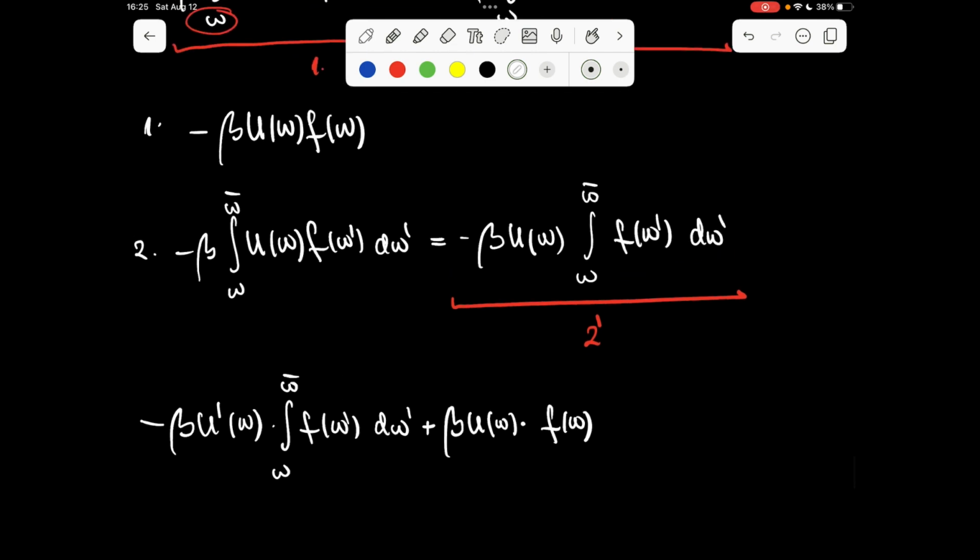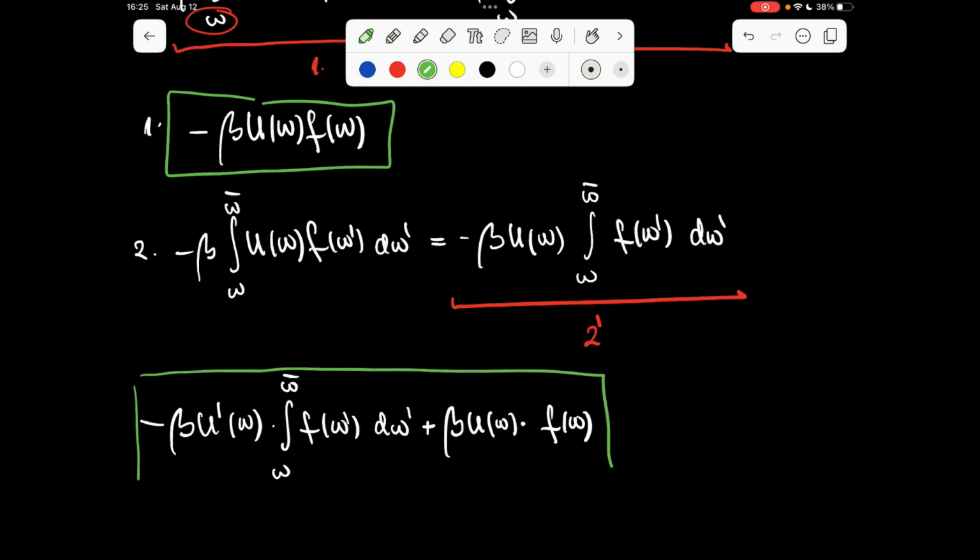So this is what we have on the one hand, and this is what we have on the other hand, and it's easy to realize that this part and this part cancel each other.